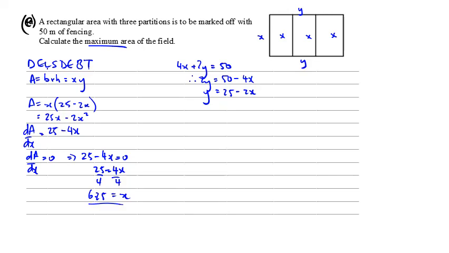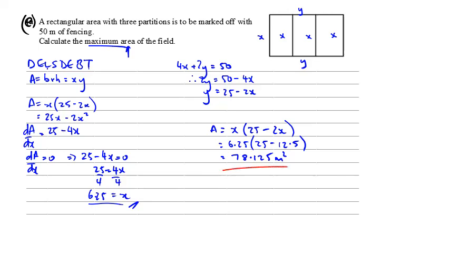So that is my x. Now the maximum area is actually what I'm after. If x is that, the area, which is x lots of 25 minus 2x, is 6.25 times 25 minus 12.5, which in my calculator gives an answer of 78.125 meters squared.